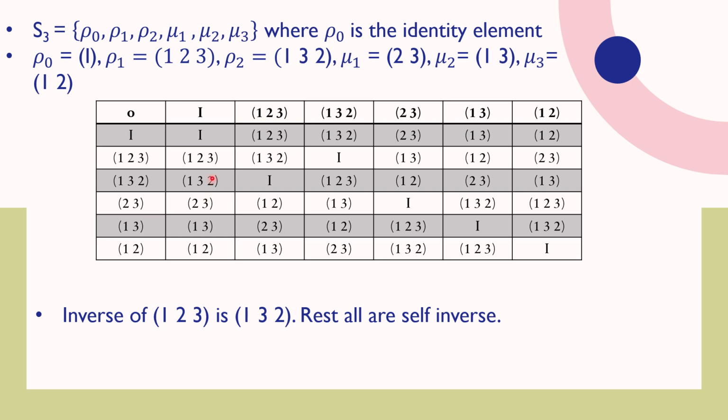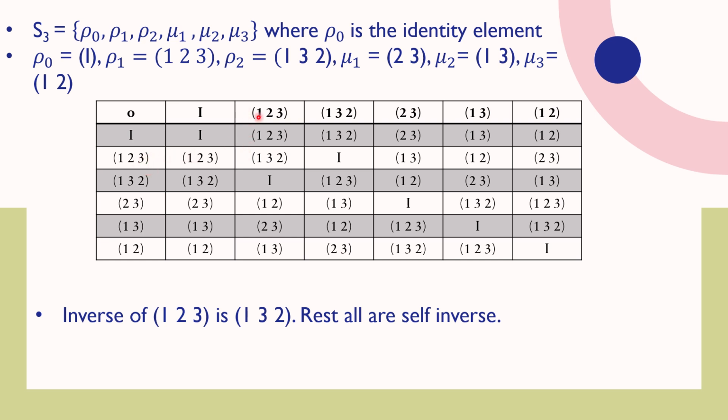So from this particular example, these are the elements, that is rho 0, rho 1, rho 2, mu1, mu2, mu3. You write all of them in the row and in the column. Then for identity, in the identity lane you just write each element as it is, and then the next one, (1 2 3) and (1 2 3).